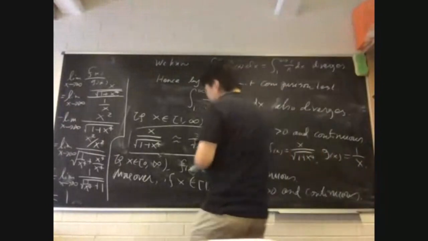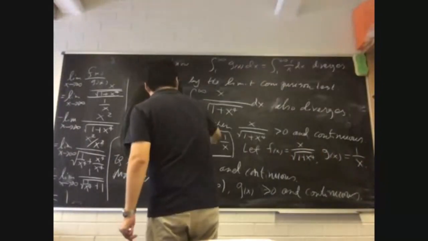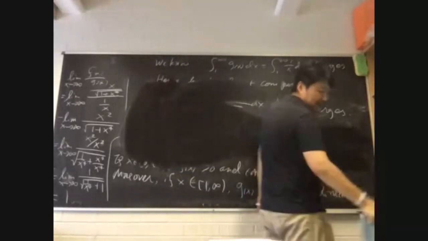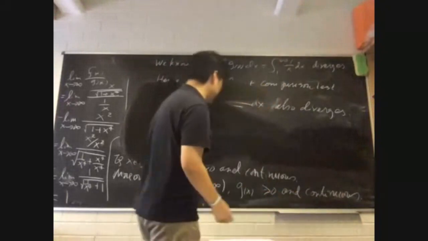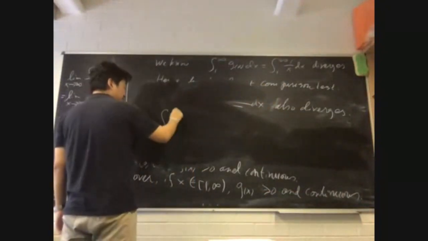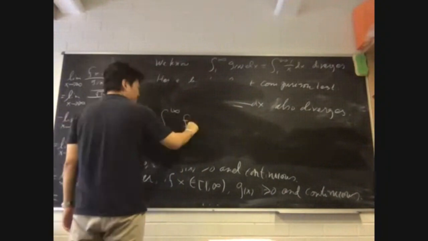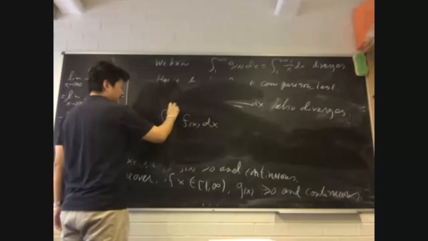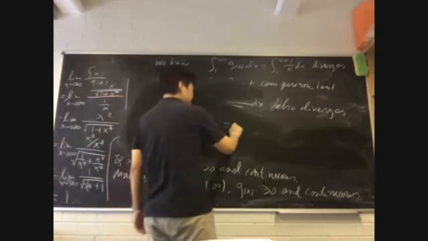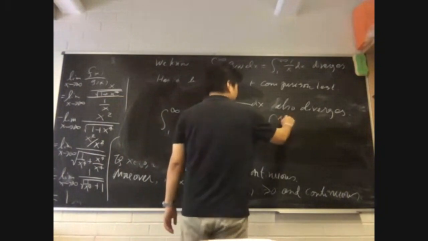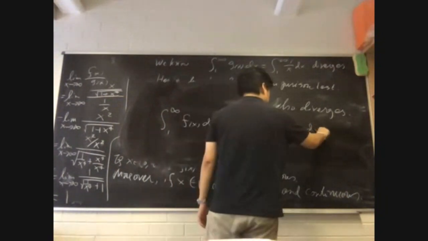Well, the definition here is really the following. Whenever you're looking at convergence or divergence, you're looking at a limit. So the integral from 1 to infinity of f of x dx is defined to be the limit as n tends to infinity of the integral from 1 to n of f of x dx.